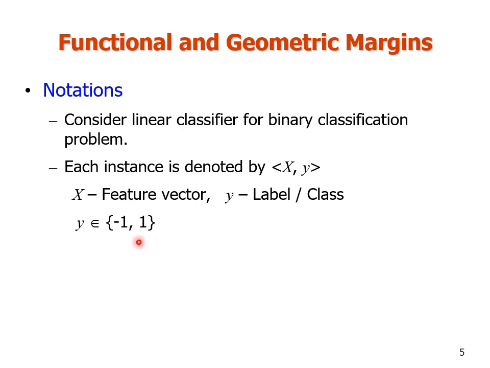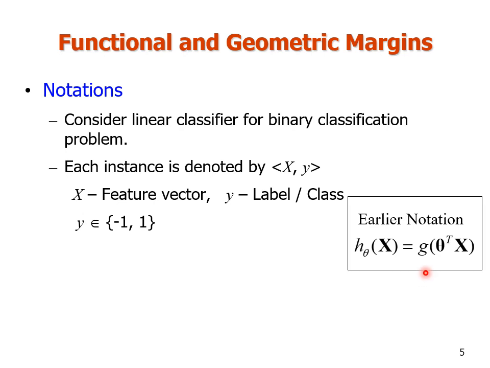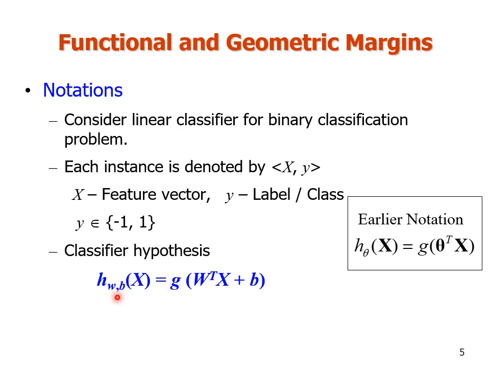As per our earlier notations, we said that our hypothesis is denoted as h theta of x equal to g of theta transpose x. This was our earlier notation. Now we are changing our notations, as our classifier hypothesis will now be written as h_{w,b}(x) equal to g of w transpose x plus b.